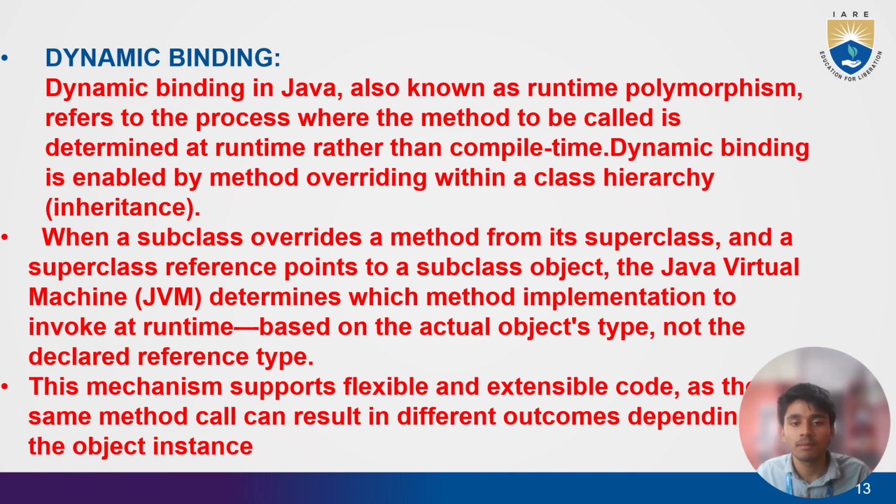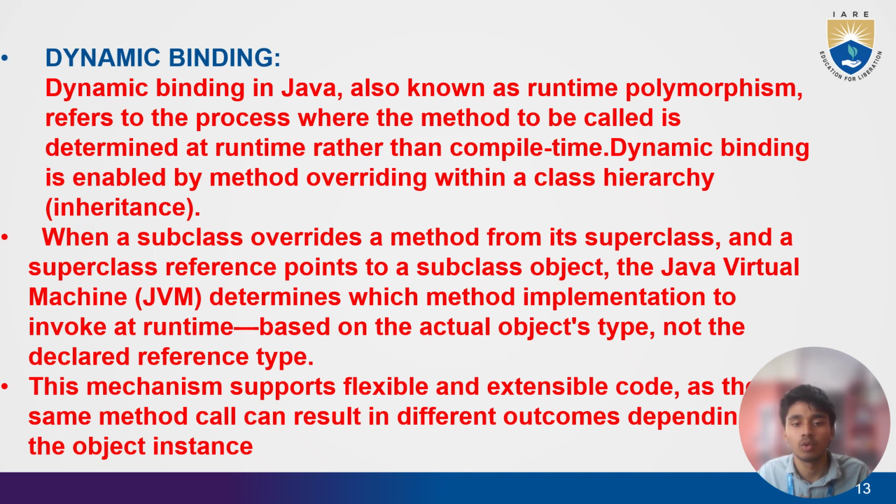Dynamic binding. Dynamic binding in Java, also known as runtime polymorphism, refers to the process where the method to be called is determined at runtime rather than compile time. Dynamic binding is enabled by method overriding within a class hierarchy, that is, inheritance.